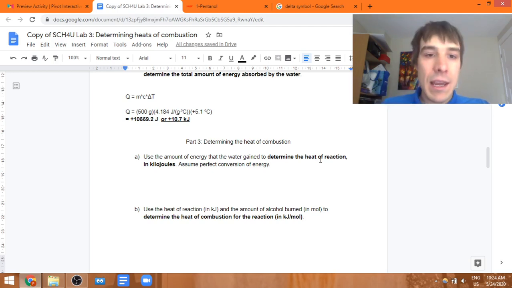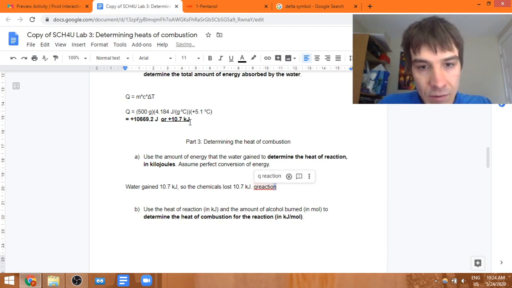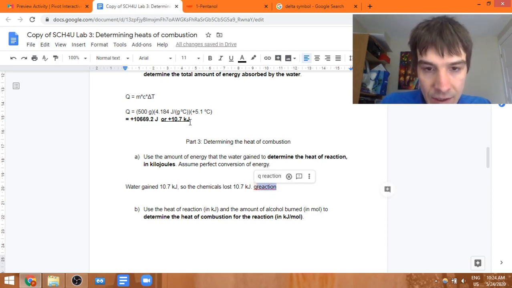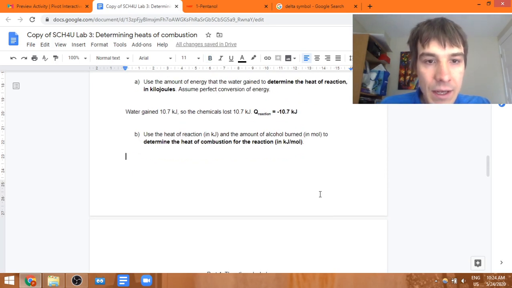So the water gained 10.7 kilojoules. So the chemicals lost 10.7 kilojoules. Right? The Q of the reactants, which is the heat of the reaction, is equal to negative 10.7 kilojoules. Right, and now I have to figure out in kilojoules per mole.